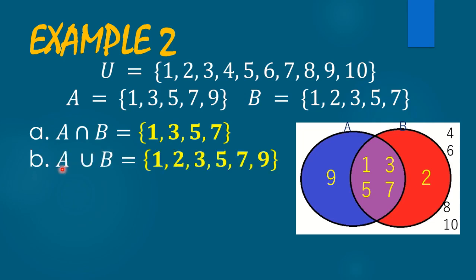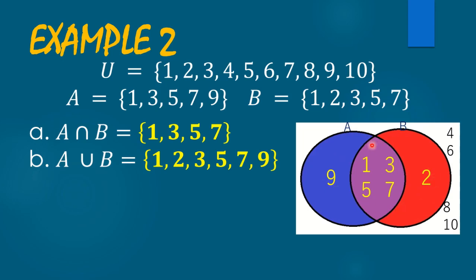Next is A union B. So in A union B, we'll have to look for the elements that we can find in the event A or event B or both event A and B. Or meaning, we'll have to combine all the elements.